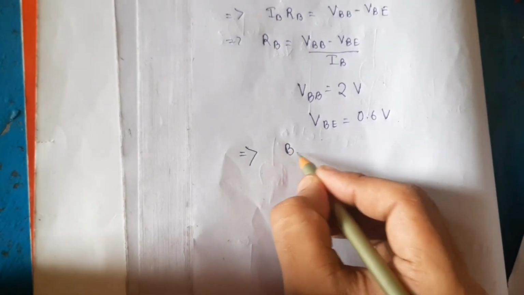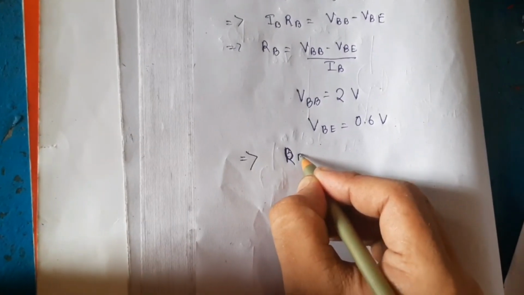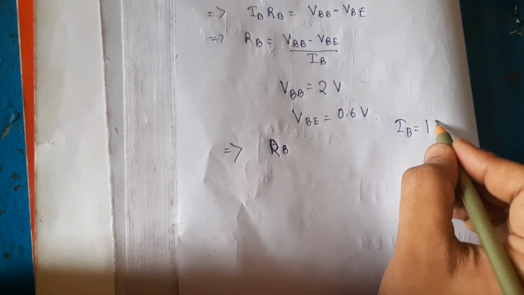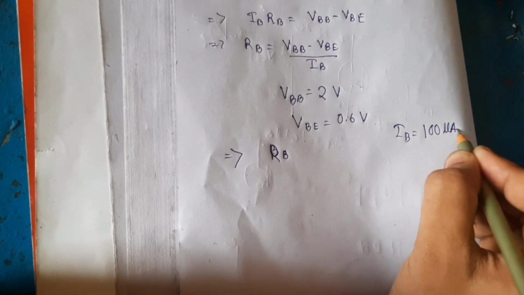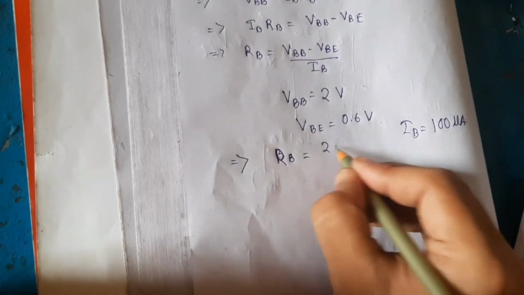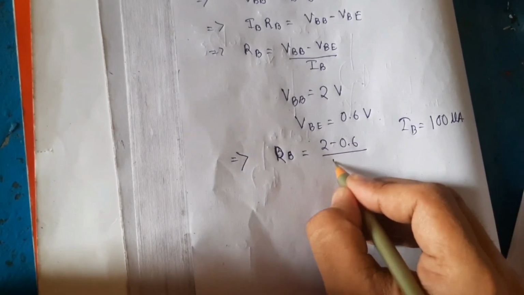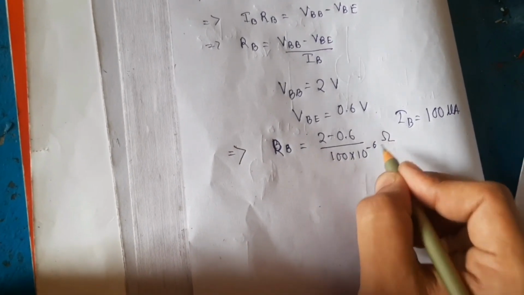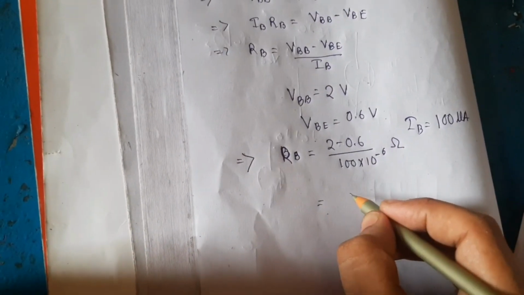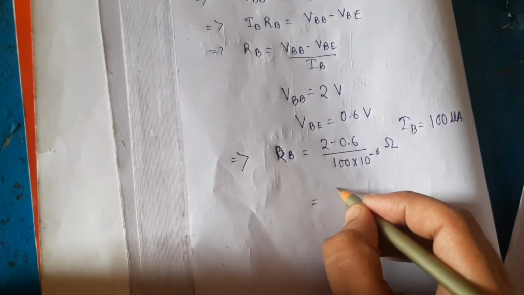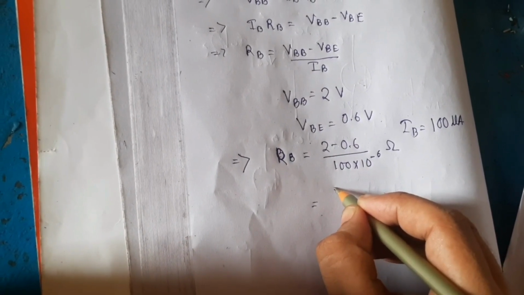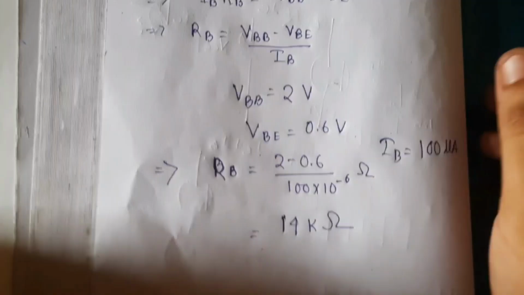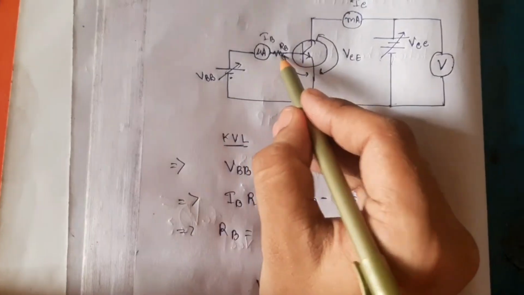So RB, for IB equal to 100 microampere, RB is equal to (2 minus 0.6) divided by 100 times 10 to the power minus 6 ohm. If we calculate it, it will give the value of 14 kilo ohm. So we can find the value of this RB.